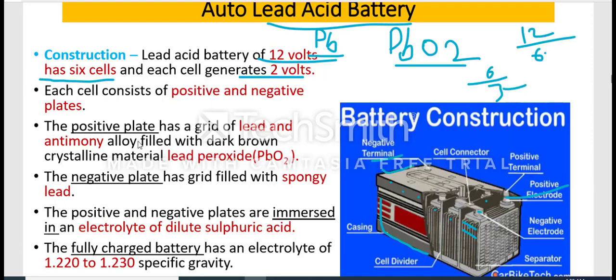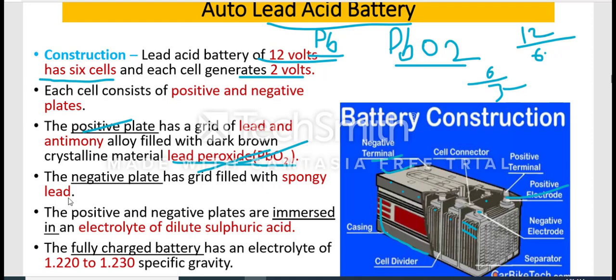Each cell consists of positive and negative plates. The positive plate has a grid of lead and antimony alloy filled with dark brown crystalline material, lead peroxide. So positive plates are made up of lead peroxide. Remember this.